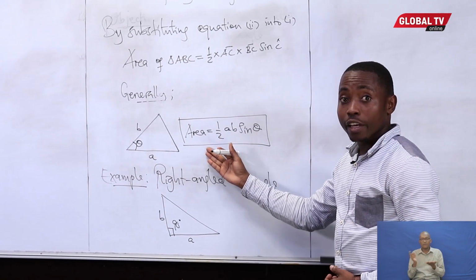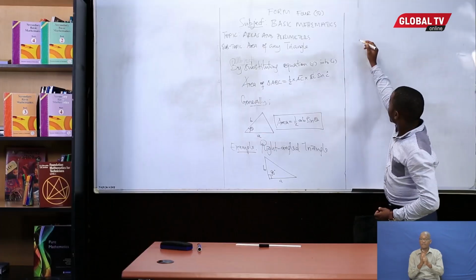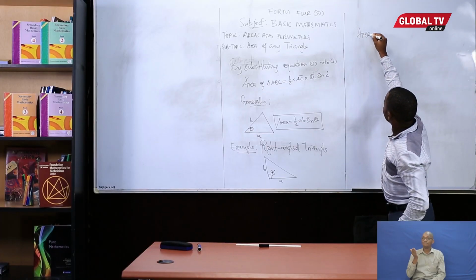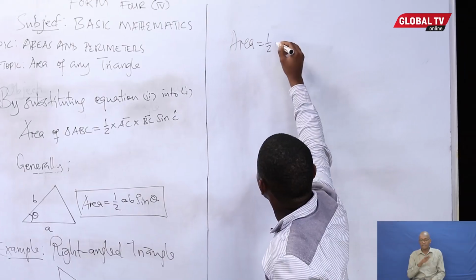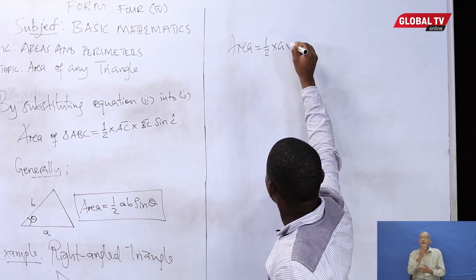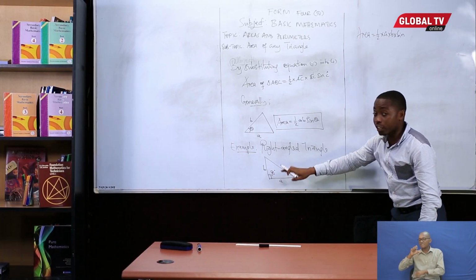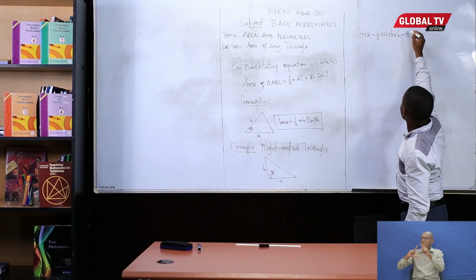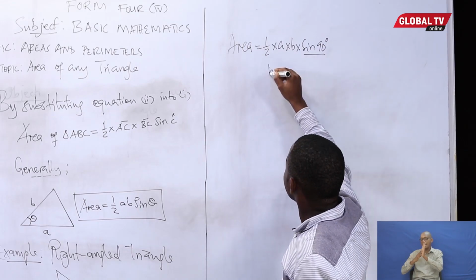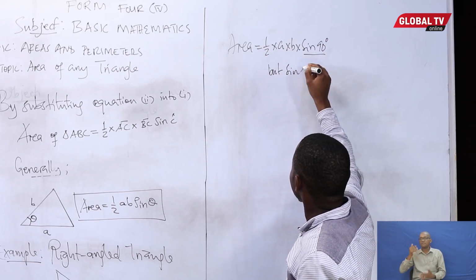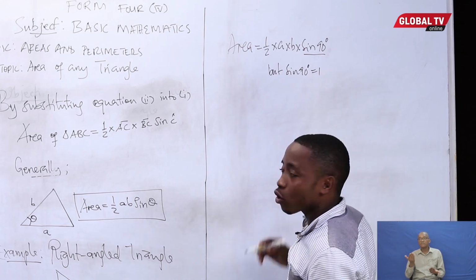By following the area formula that we have derived here. The area for a right-angled triangle will be equals to a half times A times B times sine of the included angle, the angle between here, which is what? 90 degrees. But we know that sine of 90 degrees equals 1 always.